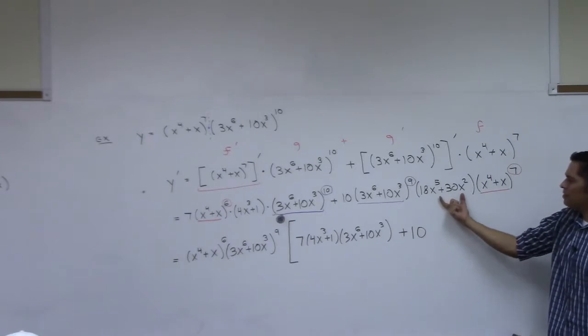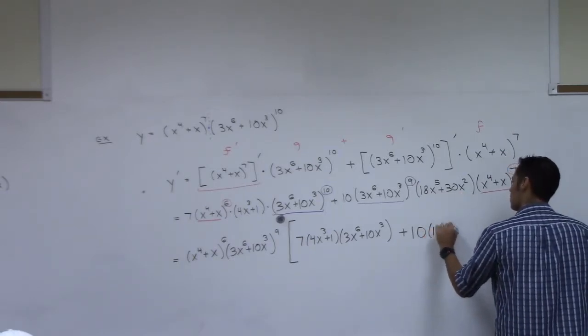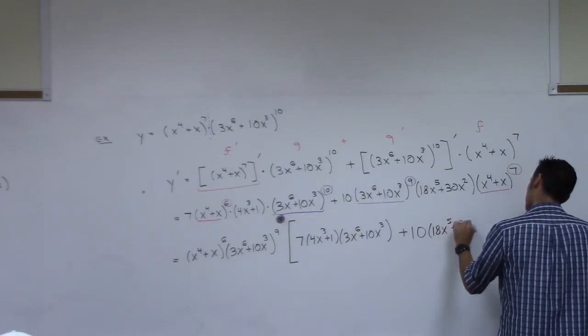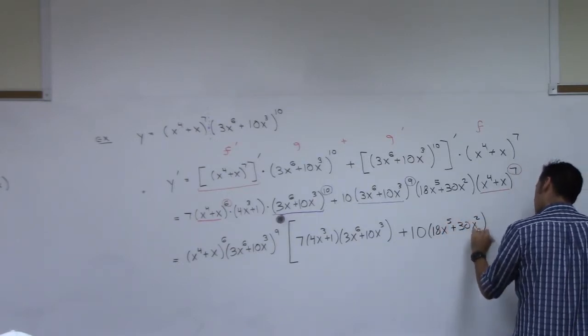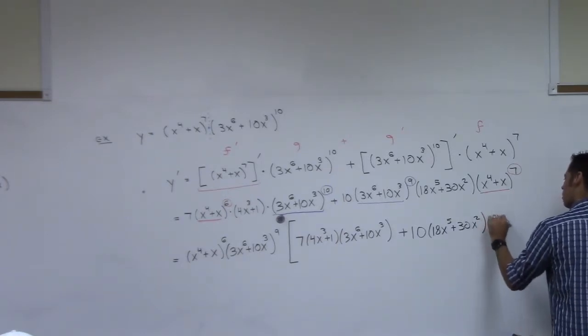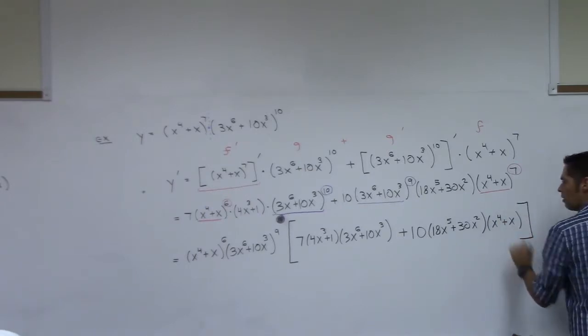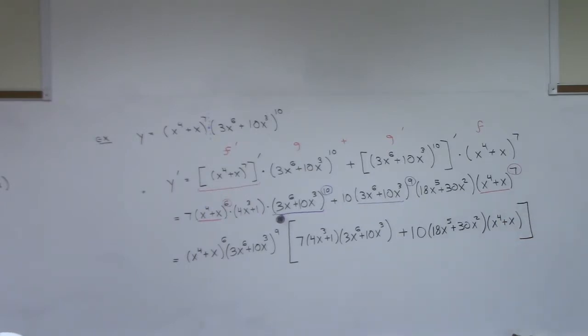I did not pull this out. So I still have 18x to the 5th plus 30x squared. And how about this? I pulled out 6 of them, so I still have one of those there. X to the 4th plus x, all of that closed off. Okay, so I have actually factored that, haven't I?